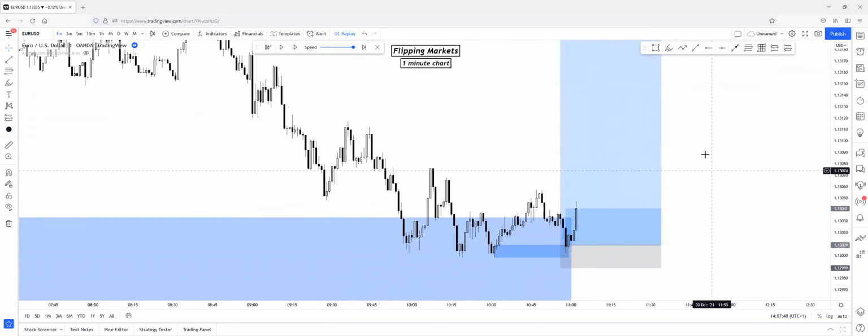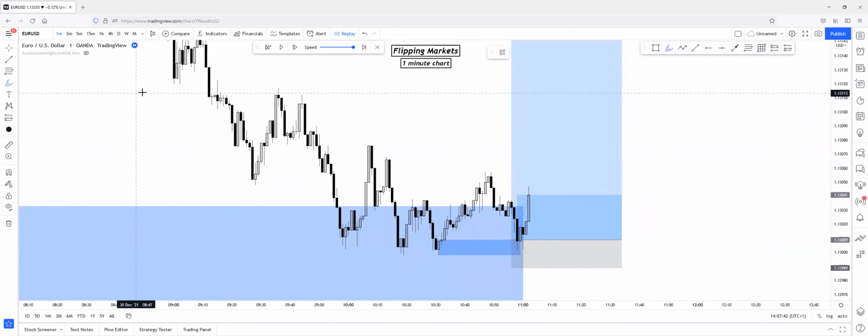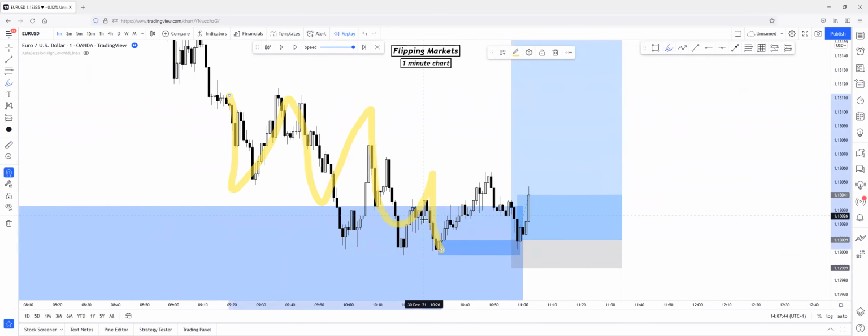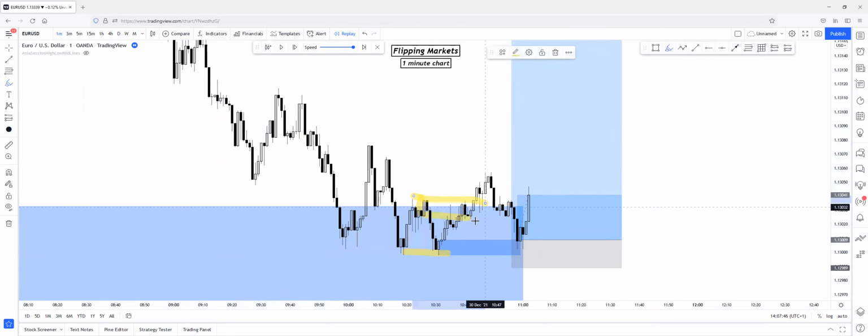Sorry, I will just adjust this. So as you can see, price created a series of lower lows and lower highs, created the last low, this supply zone. After it broke structure to the upside, changed character to the upside, this demand zone changed character, this demand zone swept liquidity from this region. So price came back down to mitigate this demand zone, and let's say we entered in a trade here. So we are tagged into the trade right now.